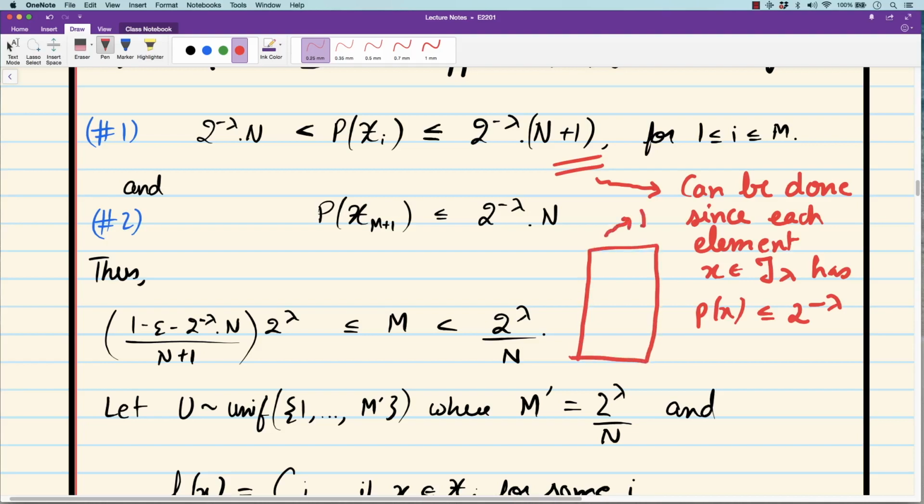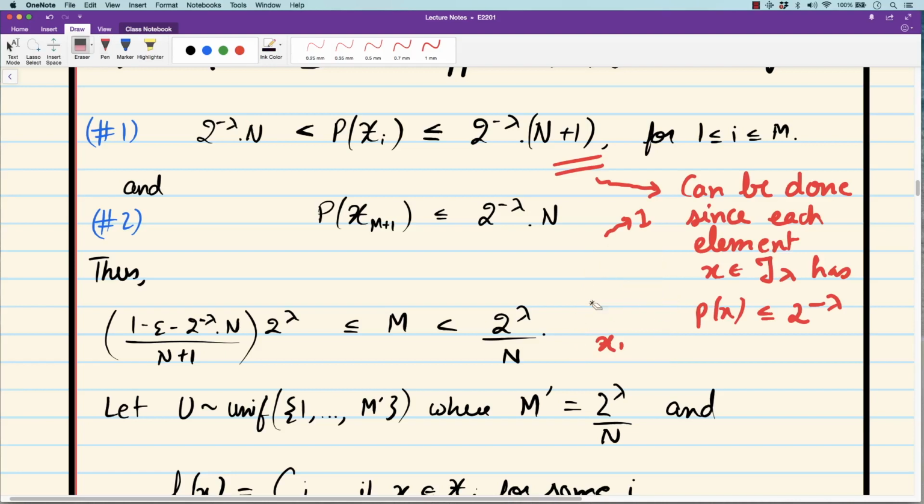It has this mass of 1, and we are adding these parts in it, x1, x2, up to xm. Each of them has probability at least this much, and they add up to at most 1. How many such parts can we add? Well, the total sum here must be at least m times 2 to the power minus lambda into n, right?